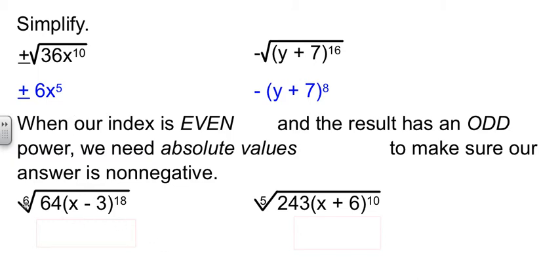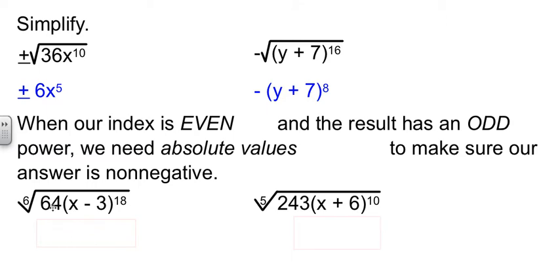Now consider this guy. The 6th root of 64 stuff to the 18th. Like I said on the earlier slide, I'm going to have to help you with the calculator part to get this. So for now, I'm going to ask you just to trust me that the 6th root of 64 is indeed 2. And again, I'll show you that on your calculator.